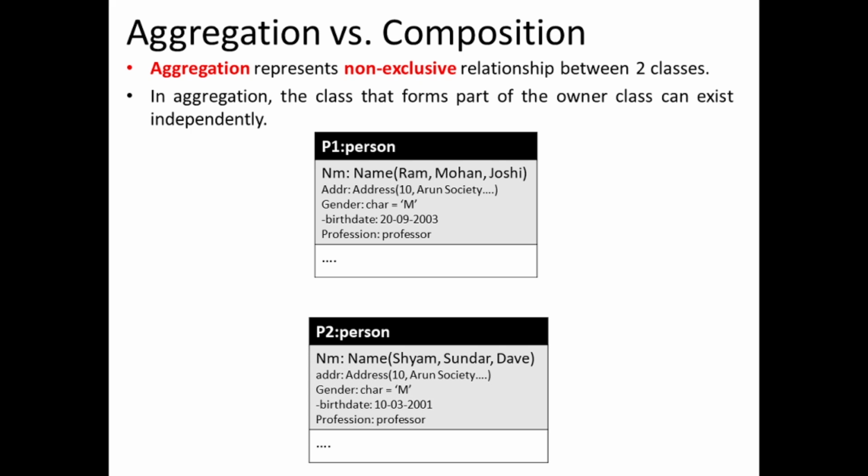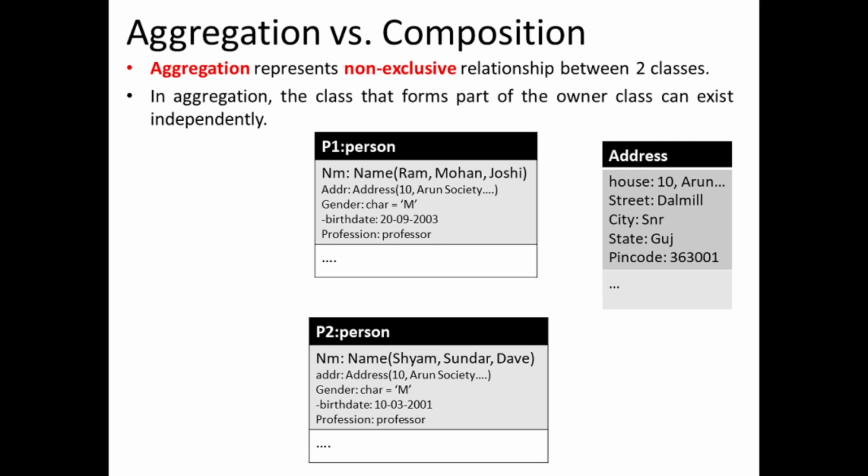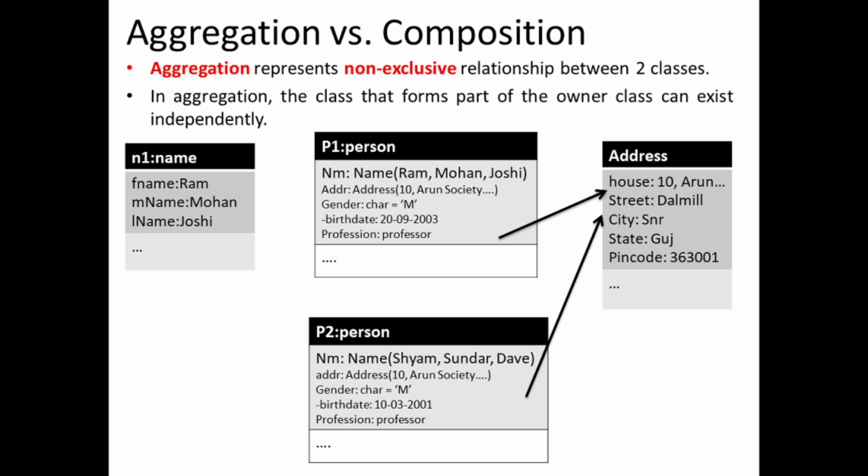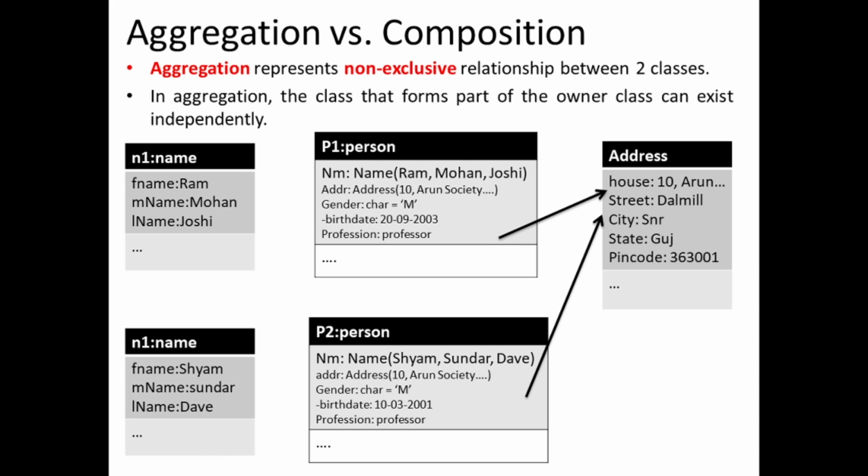Another is the P2 object, also related to the person class. But we have used other classes to form part of the person class: address and name. For the address class there is one single address object connected to both P1 and P2. So both P1 and P2 share the same address.